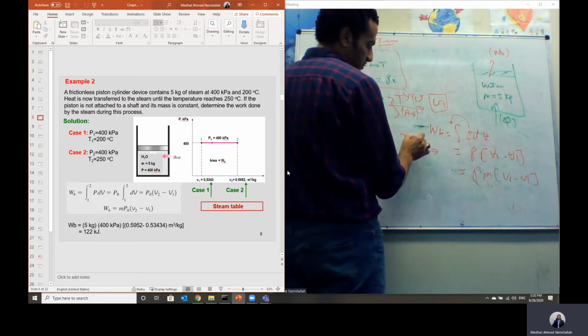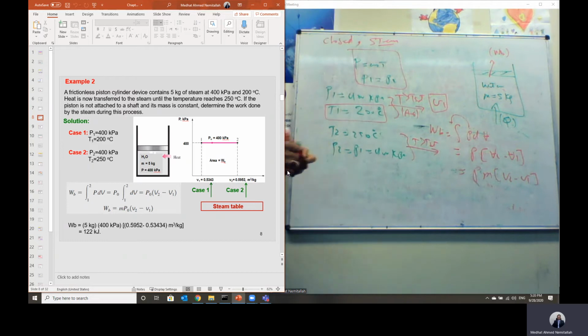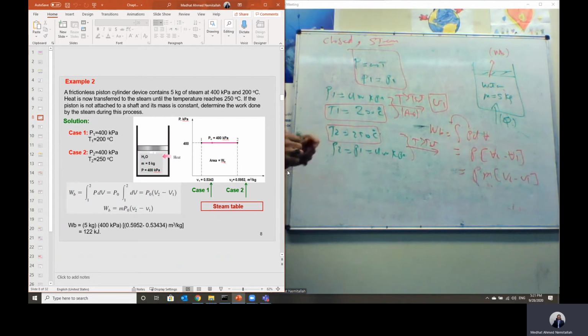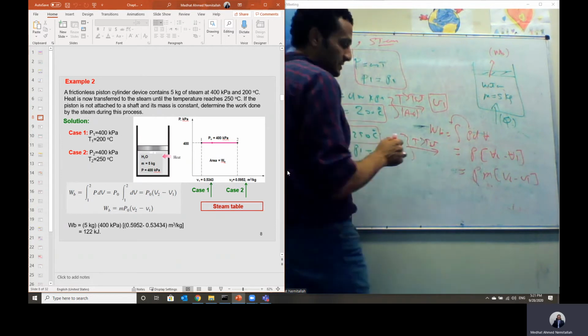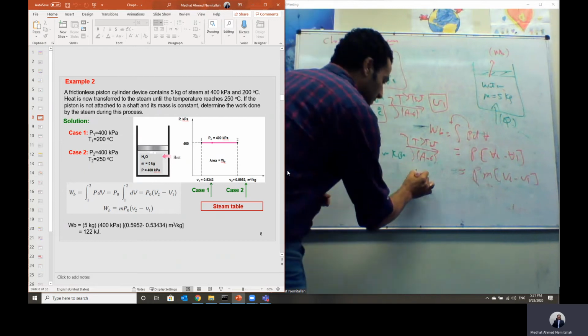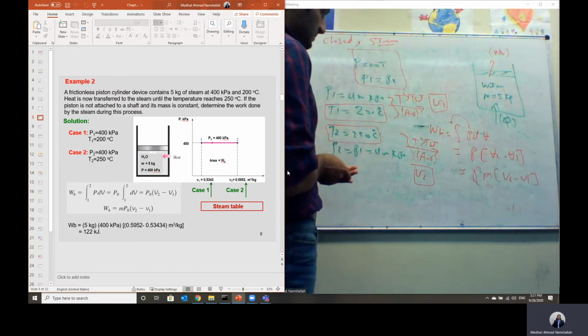If you want to check again, with this pressure I get the saturation temperature, compare it with the given temperature, and you'll find the given temperature is greater than the saturation temperature. So I will be using table A6 to get the specific volume v2. Okay, you can just get those values and substitute.